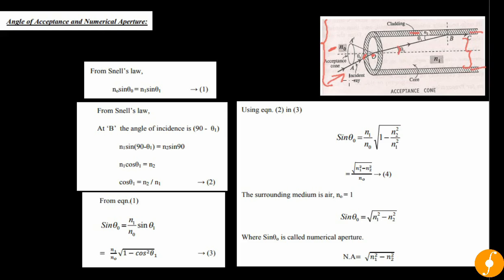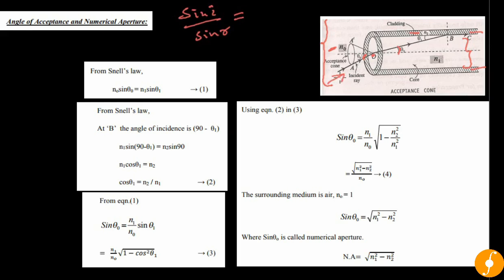So this is the angle of incidence and this is the angle of refraction. Because the light ray is traveling from rarer medium to denser medium, the angle of refraction will be lesser than the angle of incidence. We'll write Snell's law for this point: sin I over sin R is equal to the refractive index.